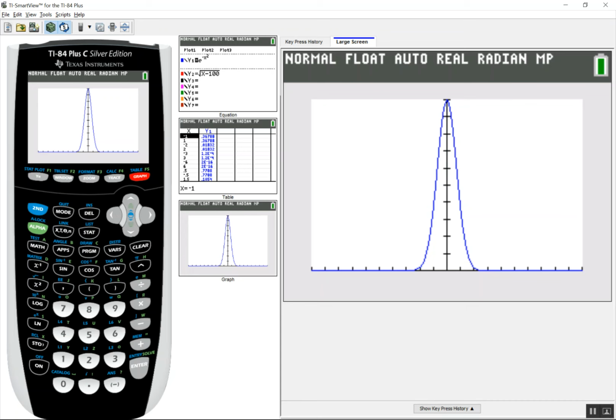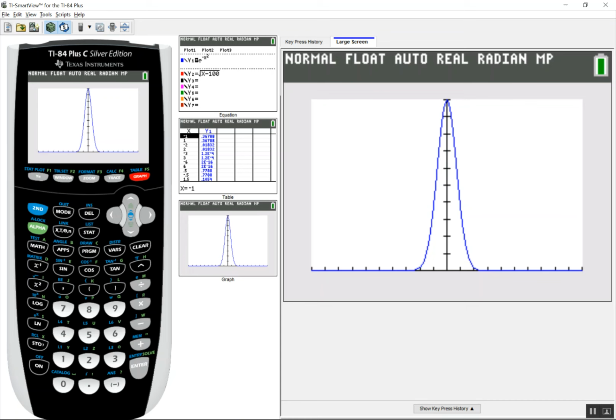But this is actually the best view of this graph. So this is the good graph of e to the -x squared, which is a very important function in probability. It comes up in calculus 2 and calc 1. So this function gets around. So notice that one thing you can do is you can restrict the y values.